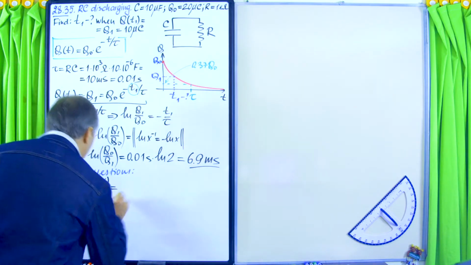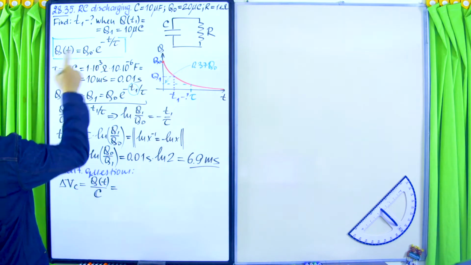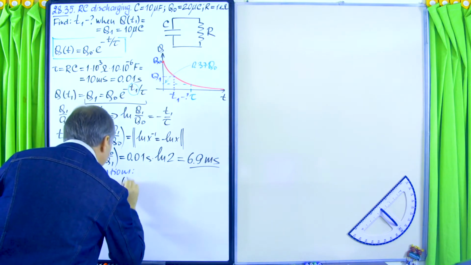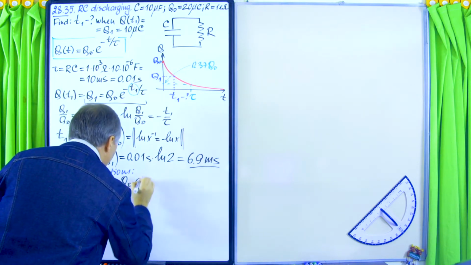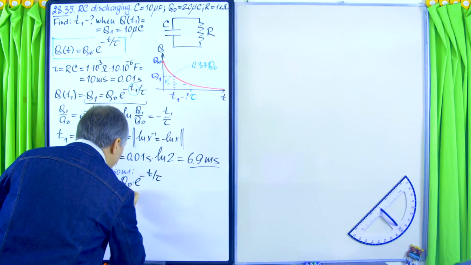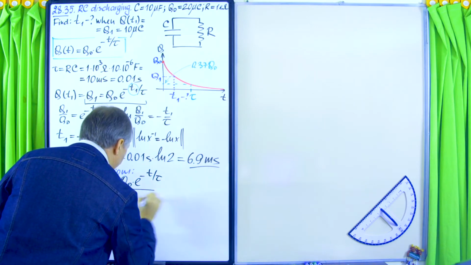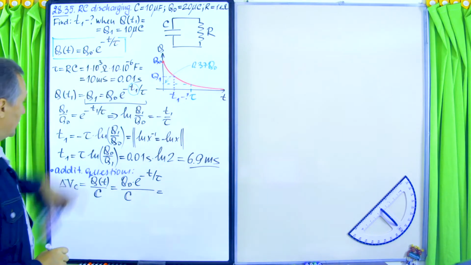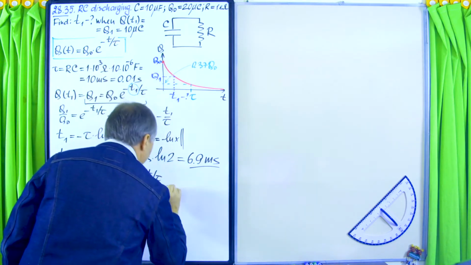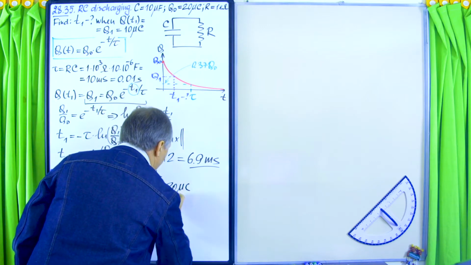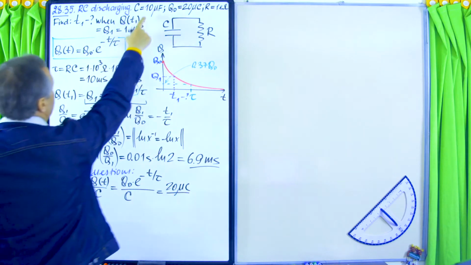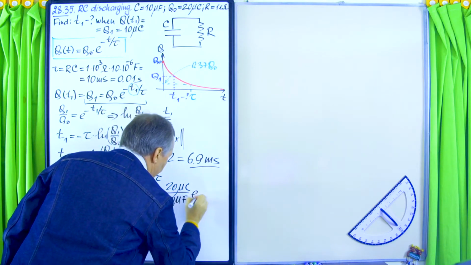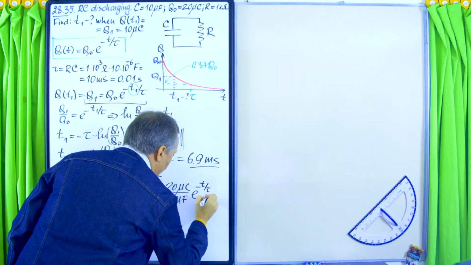All right, so Q is here, and we've already found tau, so it will be Q naught e to the power of minus t over tau, divided by C. Q naught and C are given: Q naught is 20 microcoulombs, divided by C, which is 10 microfarads, times e to the power of minus t over tau.